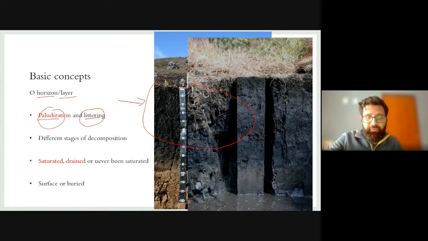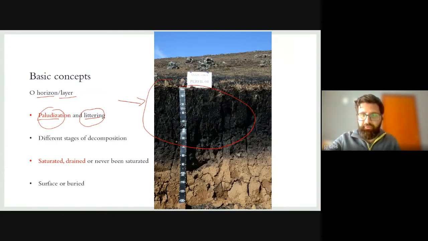Or never saturated, like these cold and wet areas. They could be present at the surface, or they could be buried, even very close to highlands, because we have a lot of mass movements and erosion that can even bury this horizon or this layer.